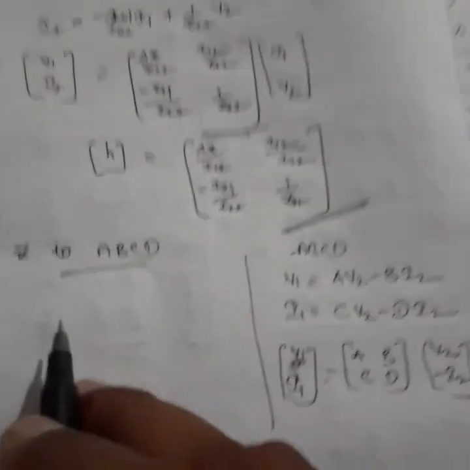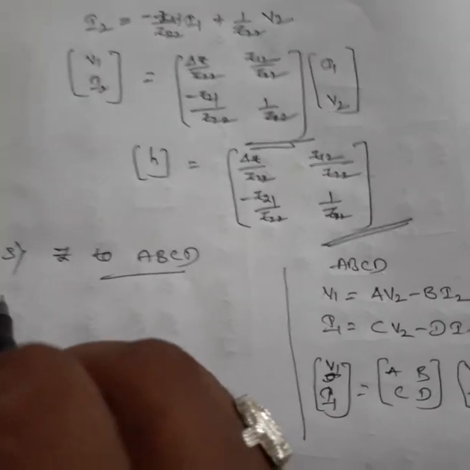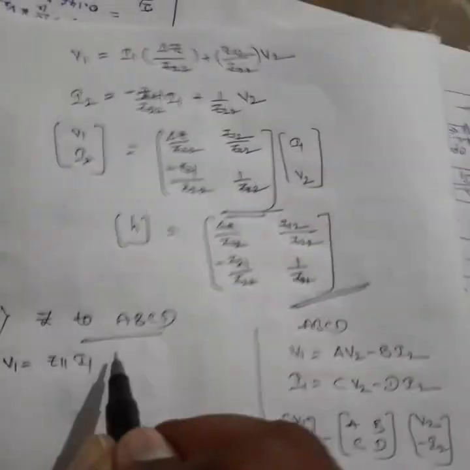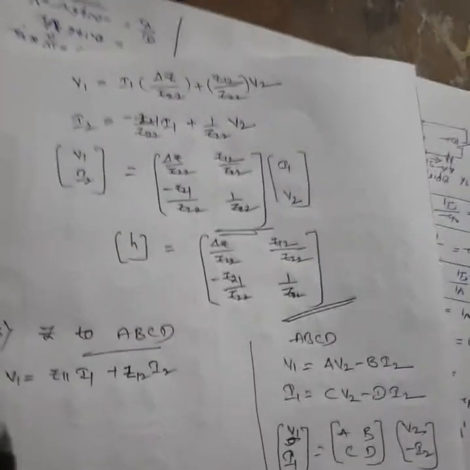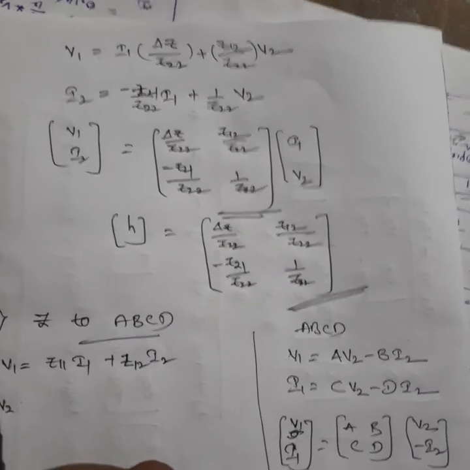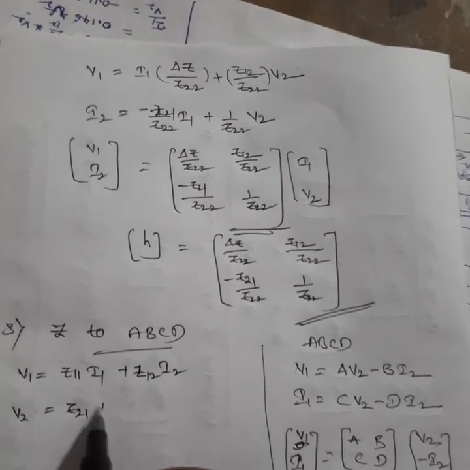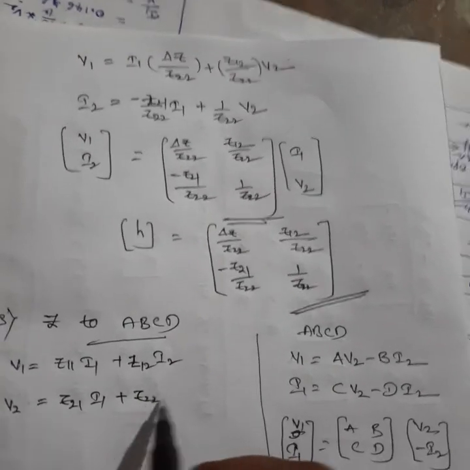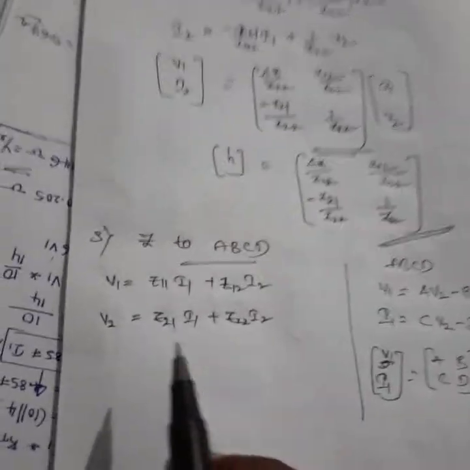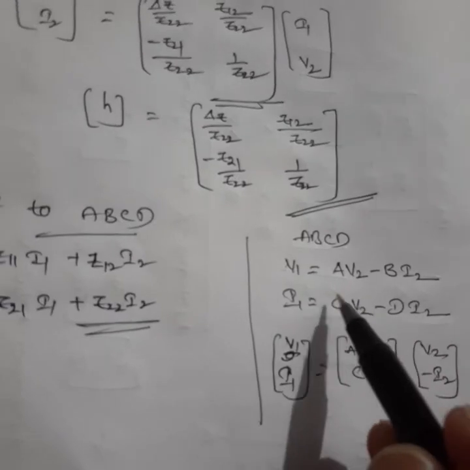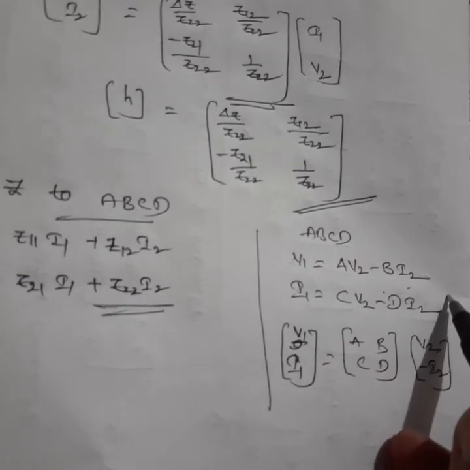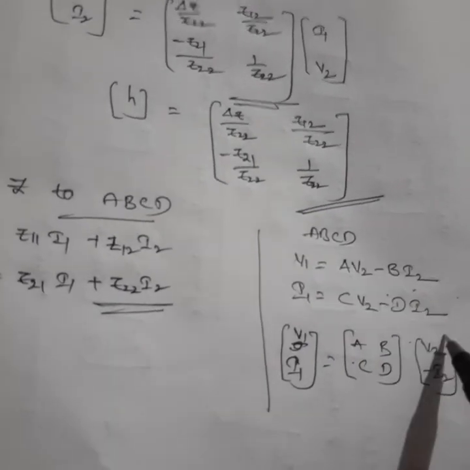Initially I am taking as equation 1, V1 equals Z11 I1 plus Z12 I2, and V2 equals Z21 I1 plus Z22 I2. From these equations you can bring the equation in terms of V2 and minus I2.